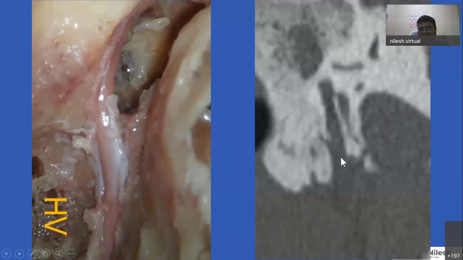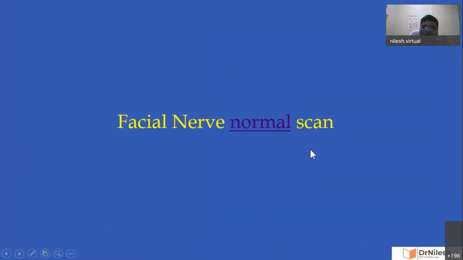And you can see here, this is the level of the stylomastoid foramen. So just a few millimeters before the stylomastoid foramen, to speak exactly, 2 millimeters before the exit of the facial nerve from the stylomastoid foramen, you will get the chorda tympani. Here you can see the exit of the chorda tympani nicely. So I'll show you the normal scan.